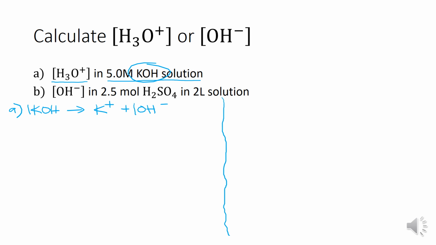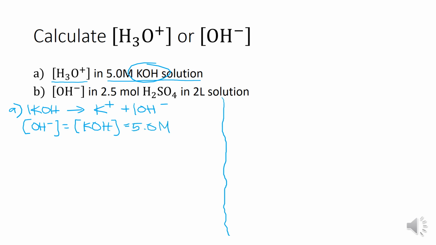So they have the same number of moles and they are in the same volume of solution. Therefore, we can say that the concentration of hydroxide ions is equal to the concentration of potassium hydroxide. And that is given as 5 molarity.